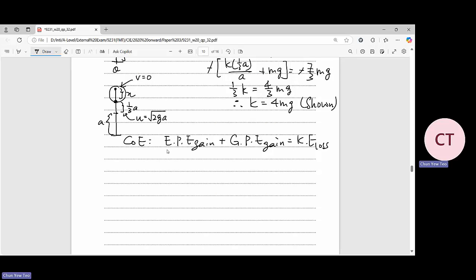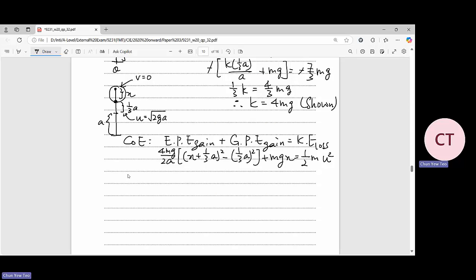EPE gain will be lambda over 2a times the extension, x plus 1 over 3a, squared, minus 1 over 3a squared, plus mgx, equal to half m u squared. The lambda, we already found, is 4mg, so we write 4mg here. When you reach here v is 0, so it's actually just u squared, no v squared.